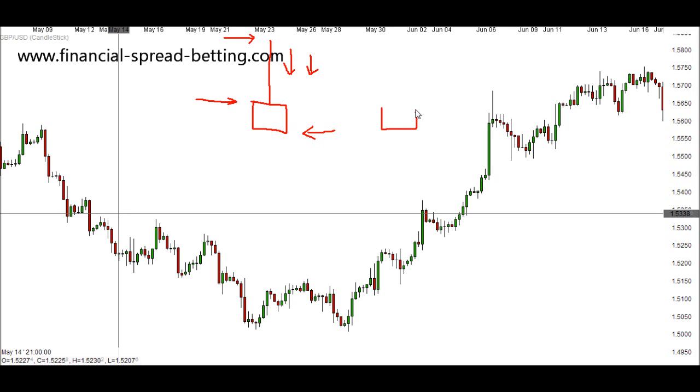we could have a pin bar the other way, showing us that price was down here, but great buying power has come into the market and pushed price up to here.